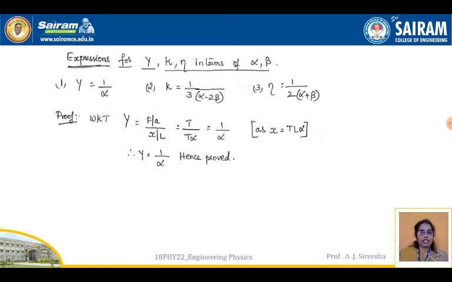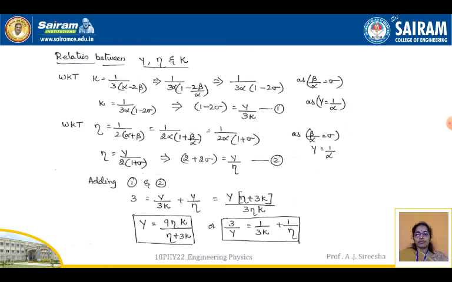F by A is nothing but T, the force per unit area, that is the stress. Given x is equal to T L into alpha, substituting that value of x, we get T by T L alpha by L. L gets cancelled. So T by T alpha is nothing but 1 by alpha. So Y is equal to 1 by alpha. It has been proved.